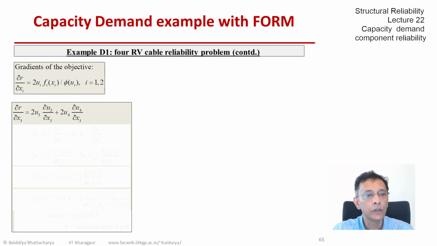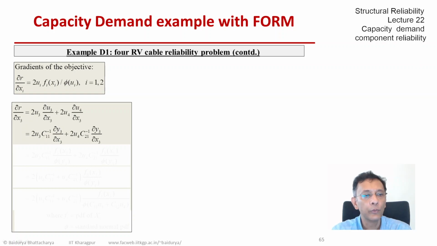So partial u3 with respect to x3 and partial u4 with respect to x3. There would be some terms which do not count and some which do, because u3 and u4 we can now write in terms of the y's, the y3 and y4, those intermediate variables.